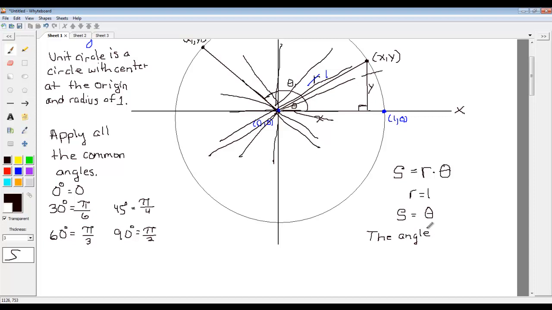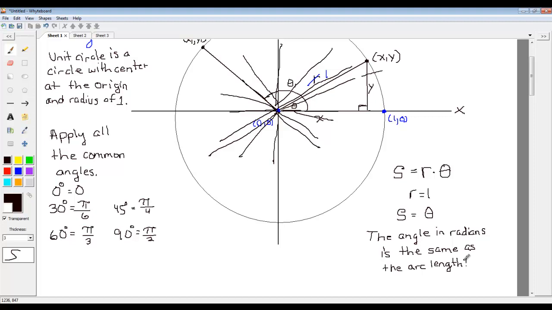The angle in radians is the same as the arc length in radians. It's the same number, same measure.